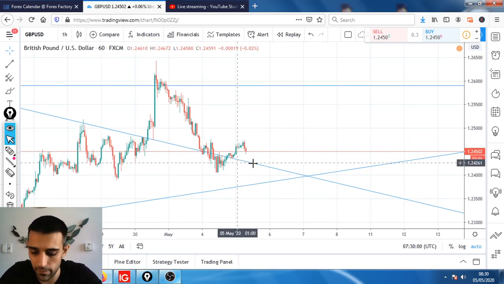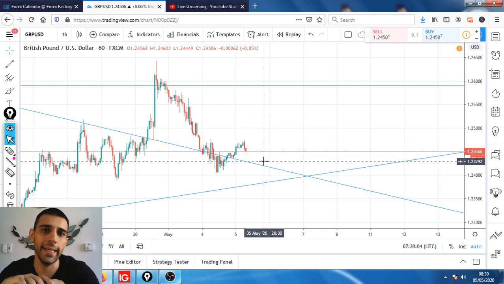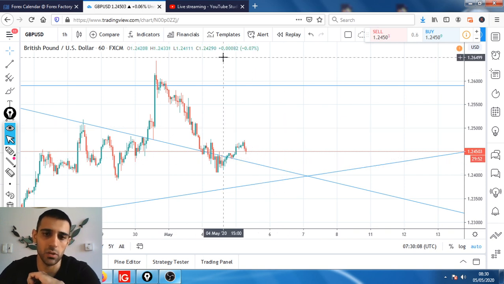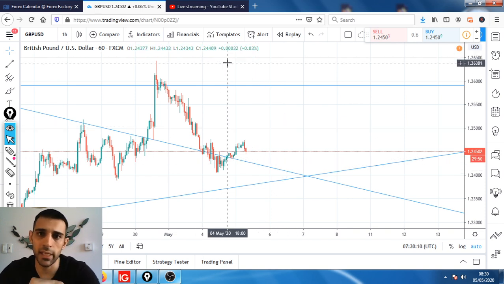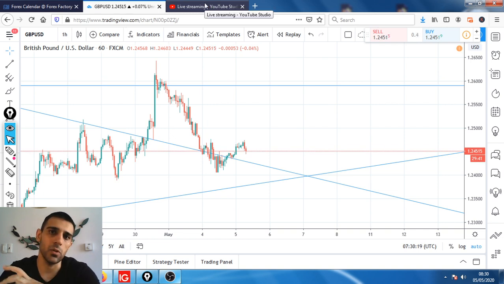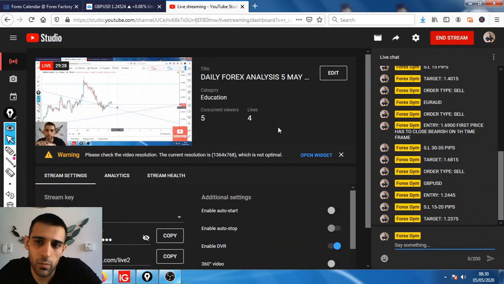This is important, so price has to do that first before we take any trade. Don't just jump into the trade, because the chances of it working out will be slimmer. We need to see the candle that demonstrates there are more sellers trying to push the price down. Then we can jump into the trade towards the short side.